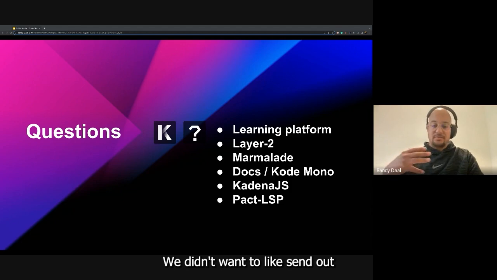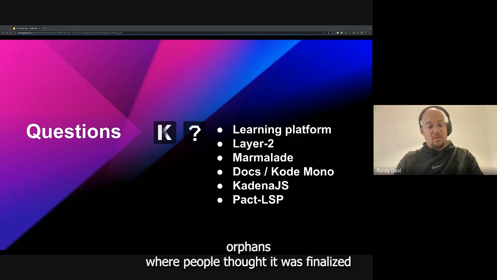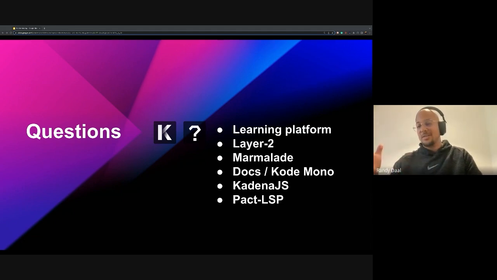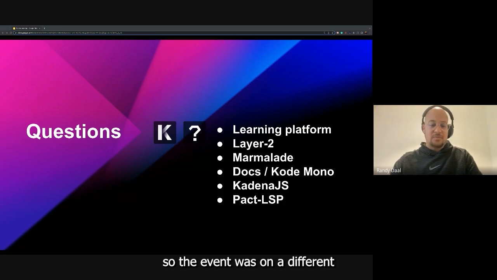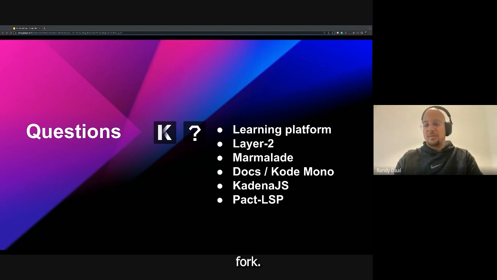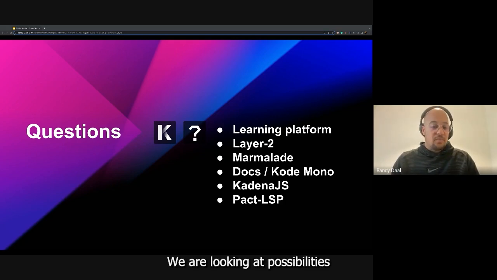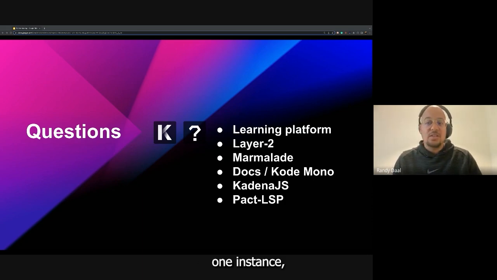We didn't want to send out orphans where people thought it was finalized, and then for one moment in time the event was on a different fork. So that's basically why we needed to depend on both. We are looking at possibilities to only depend on one instance, the Chainweb data instance.